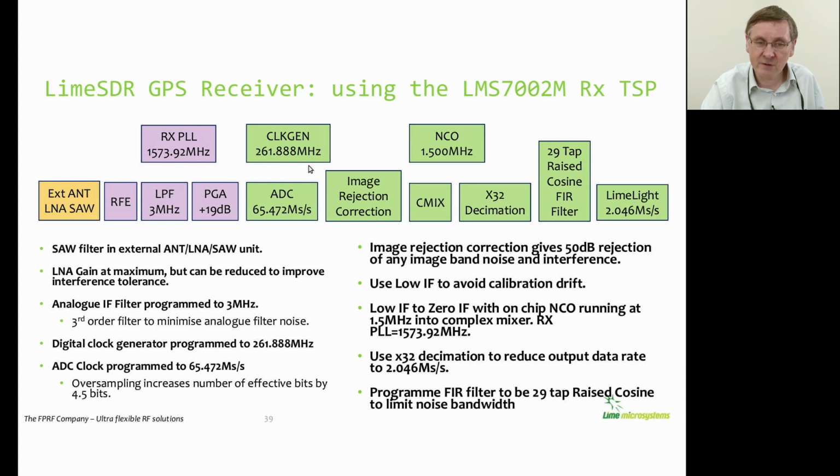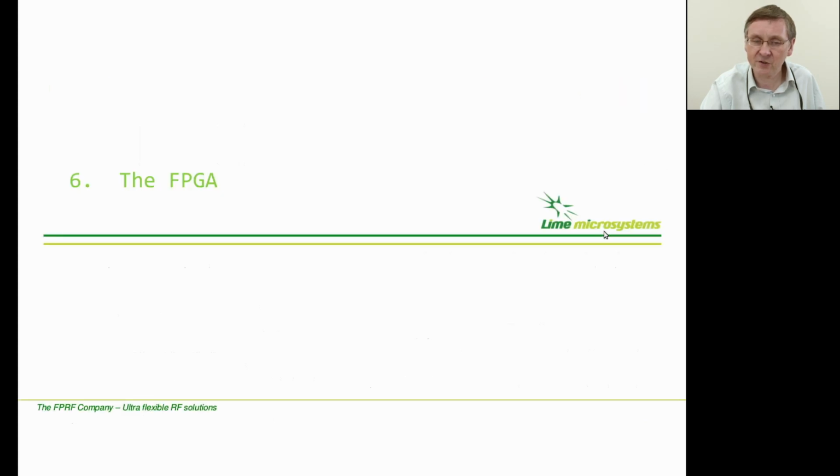The clock gen was set up with 261.888 megahertz, with the ADCs running at 65 megasamples per second, using image rejection cancellation. We then used the digital down converter running at 1.5 megahertz to produce the low IF signal. We then used times 32 decimation and a 29 tap raised cosine filter to do the pulse shaping. And then finally we transmitted it to baseband at 2 megasamples per second.